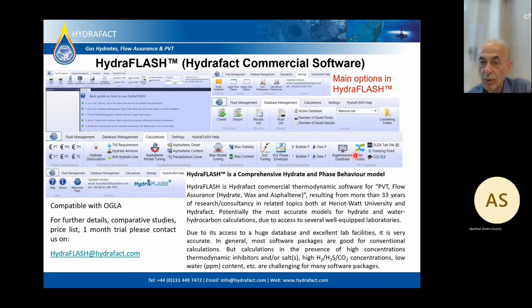Database: we have more than 20,000 entries in our database. Mixing fluid, Volga tab file, freezing point, CO2 phase boundary. And then here is creating databases and importing, results, and complete setup.